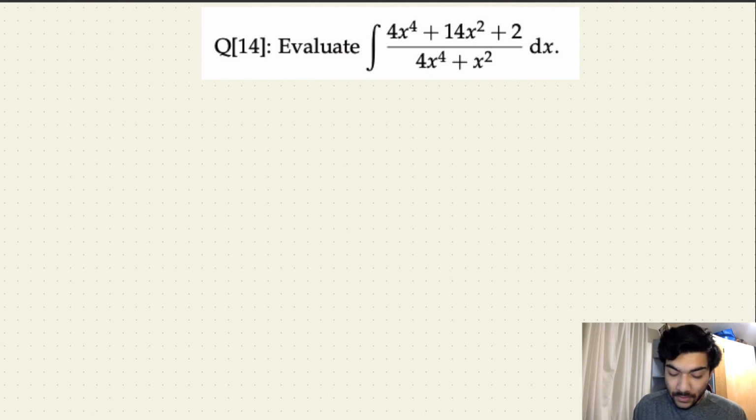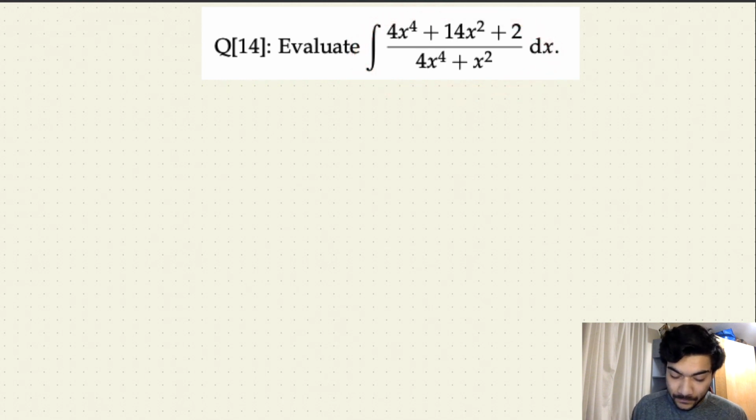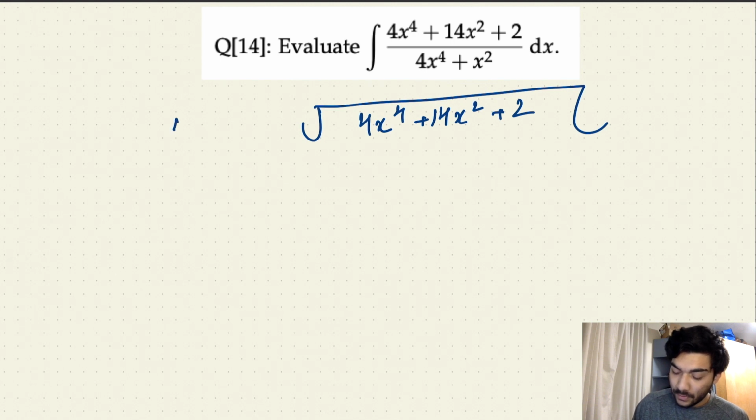So again, we'll use long division first in order to simplify this expression. If we use long division, we are dividing 4x to the power 4 plus 14x squared plus 2 by 4x to the power 4 plus x squared, right? We'll multiply it by 1 first because we want a 4x to the power 4 term.